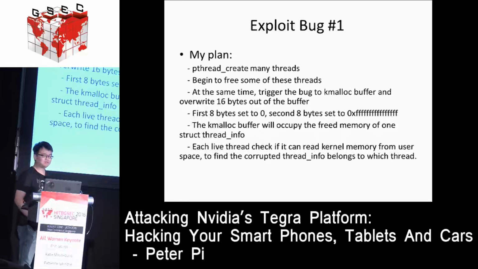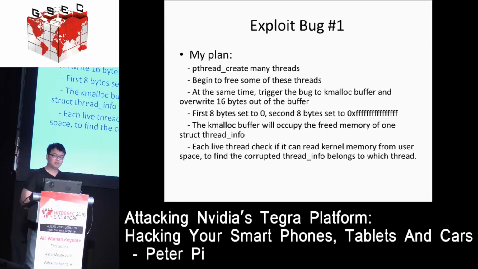At the same time, another thread triggers the bug to kmalloc a buffer and overwrite 16 bytes out of the buffer. The first 8 bytes are set to 0, and the second 8 bytes are set to -1. The kmalloc buffer will occupy the freed memory of one struct thread info.